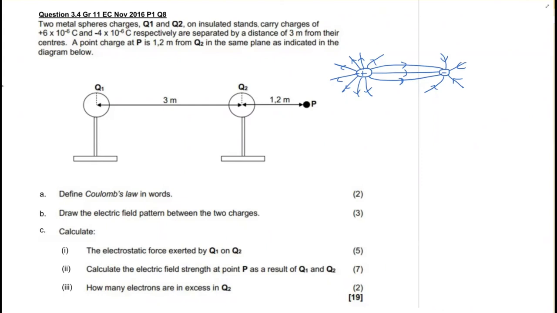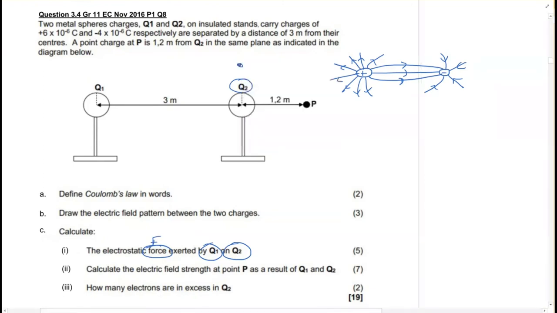Our next one says, calculate the electrostatic force exerted by Q1 on Q2. If it said between them, we would have said attractive force, but it's by Q1 on Q2, which means that we're focusing on Q2. That's our focus point. Also, force. Highlight the word force. Force is F. Field is E. Okay, let's have a look what's going on here with Q2.